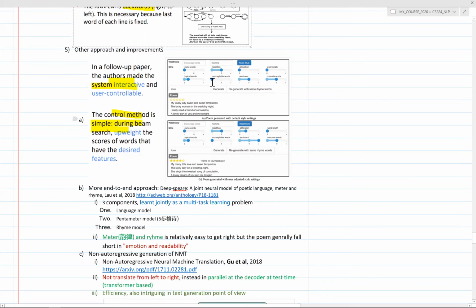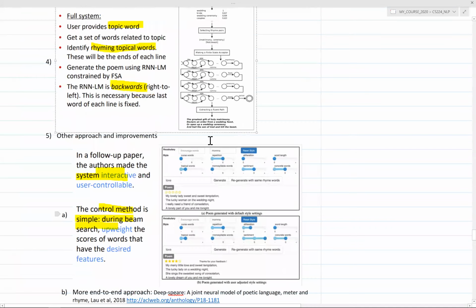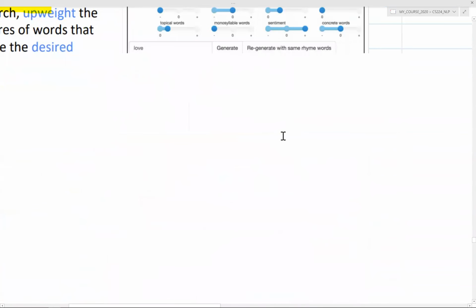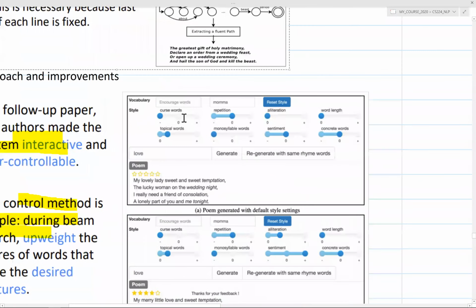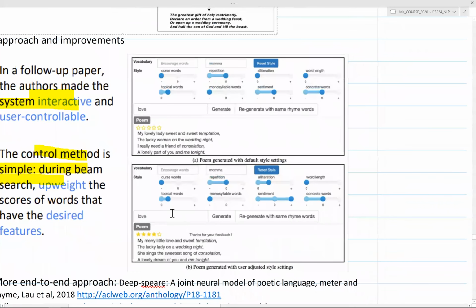As you can see, people can change the sentiment of the poem, the repetition, and whether any curse words should occur in the poem, and different poems could be generated using this system.